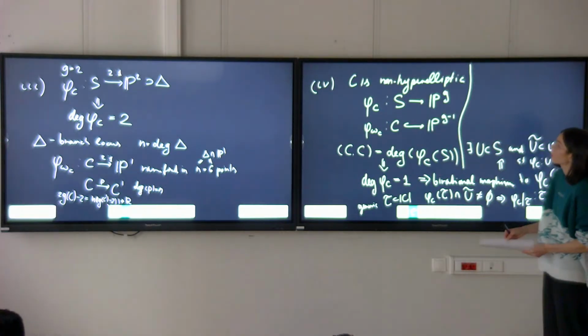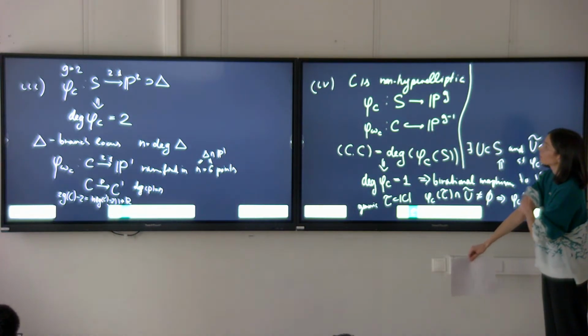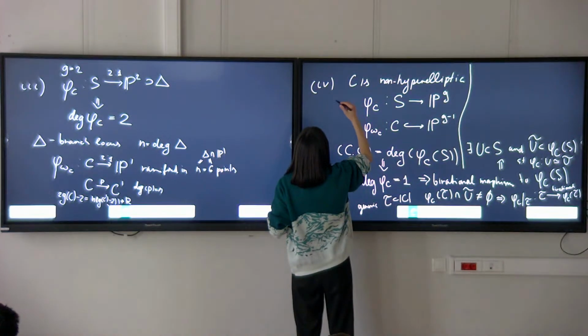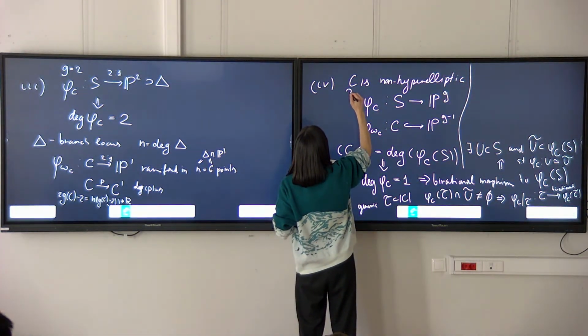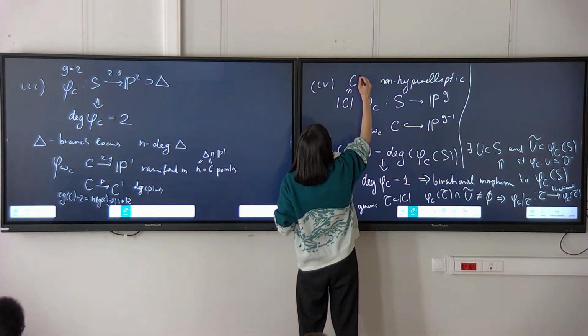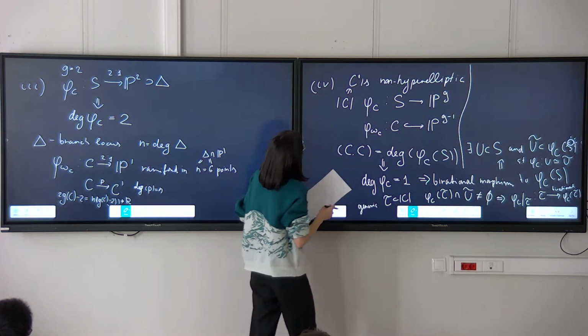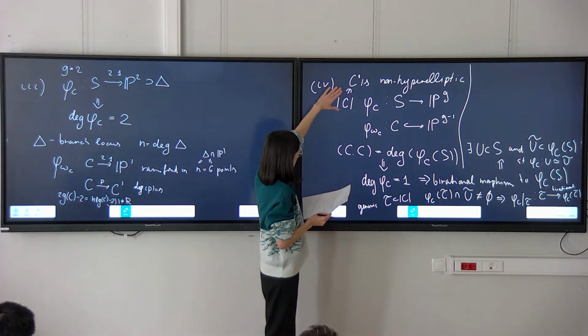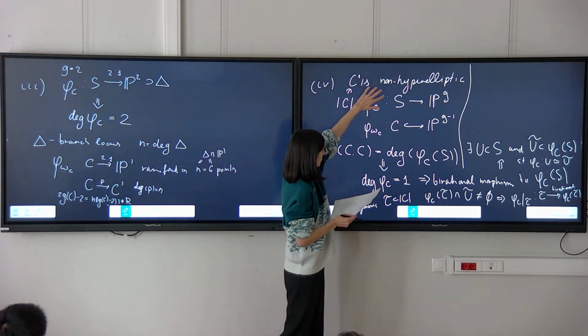It may be that C is hyperelliptic, but generic. Suppose that there exists a generic curve that is non-hyperelliptic.